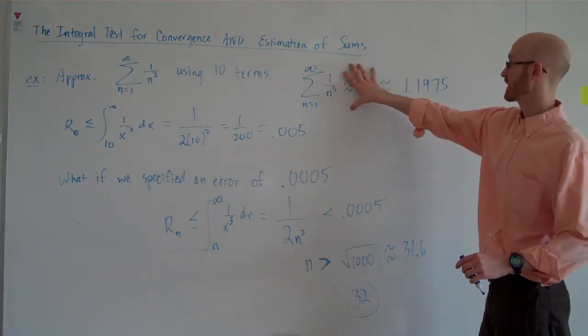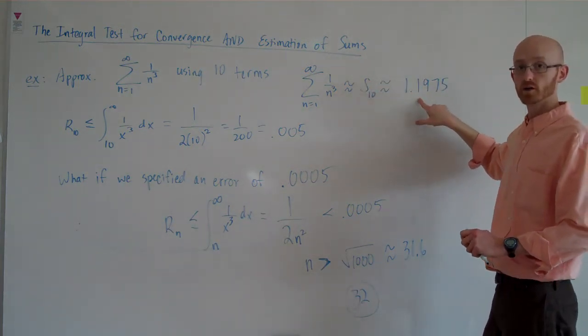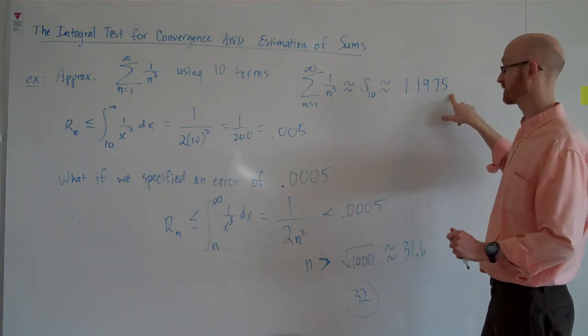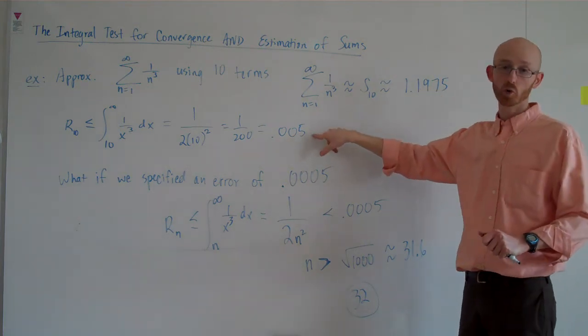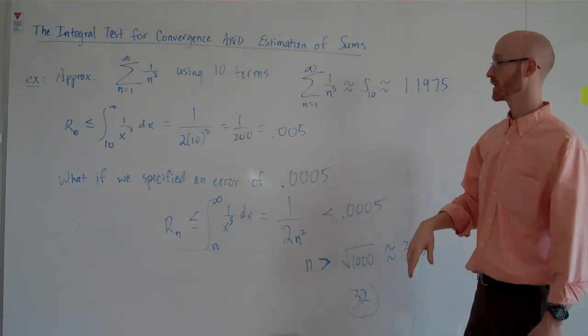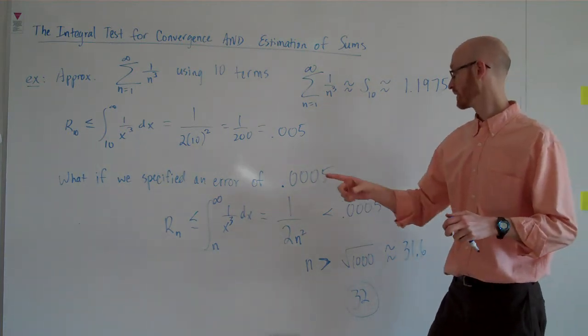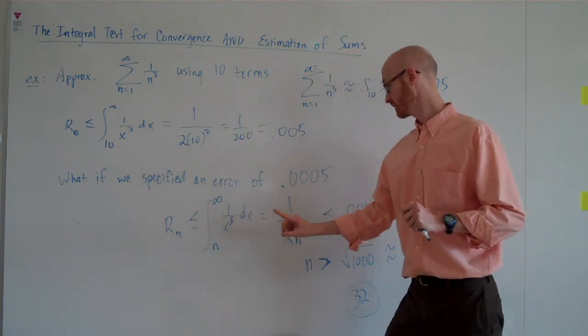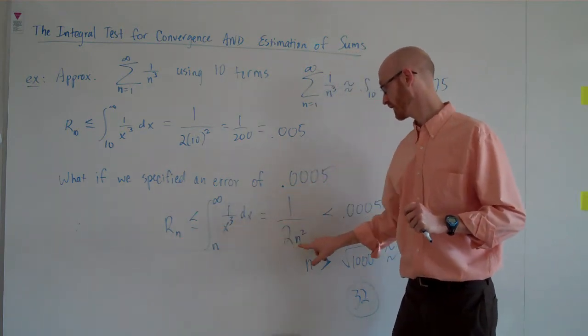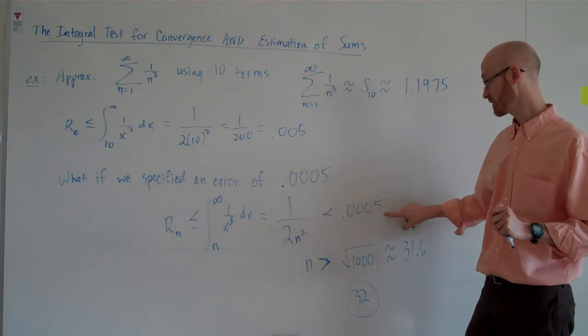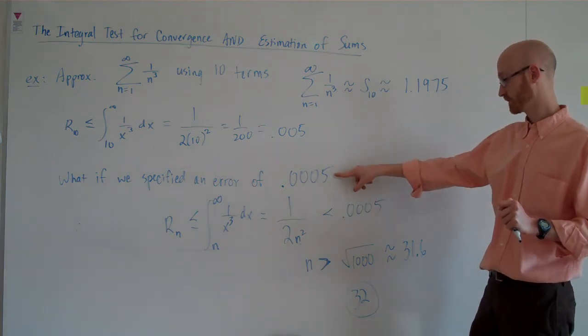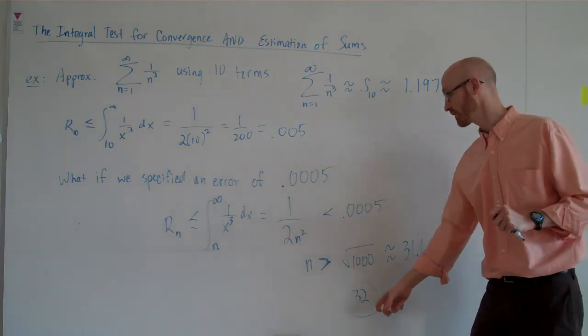So here we estimated S sub 10 to be 1.1975. We realized that was 0.005 off maximum. And then we said, what if we specify an even smaller error? Well, then we know the error has to be less than the integral. We did the integral, plugged n in, set it to be less than that, and then calculated n, and we found 32.